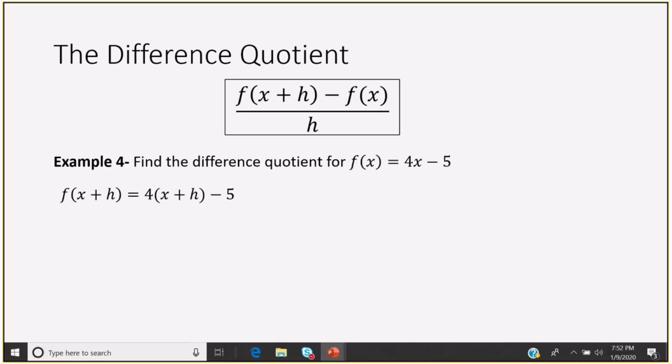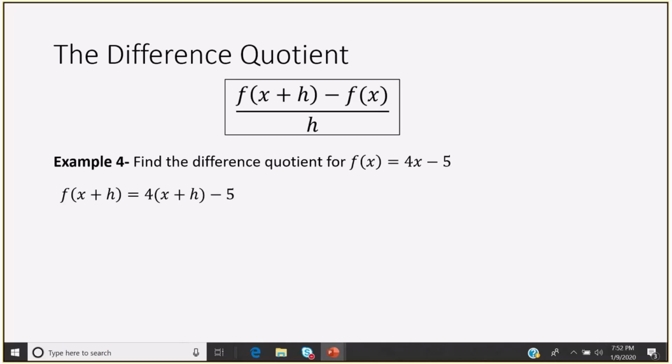F of x plus h means that I'm going to take my function f of x and I'm going to plug in x plus h into the x. I'm going to plug it into the input. So when finding f of x plus h, notice how it's almost the exact same equation, except instead of having a single x like I have for f of x, now I have x plus h replacing that x entirely.